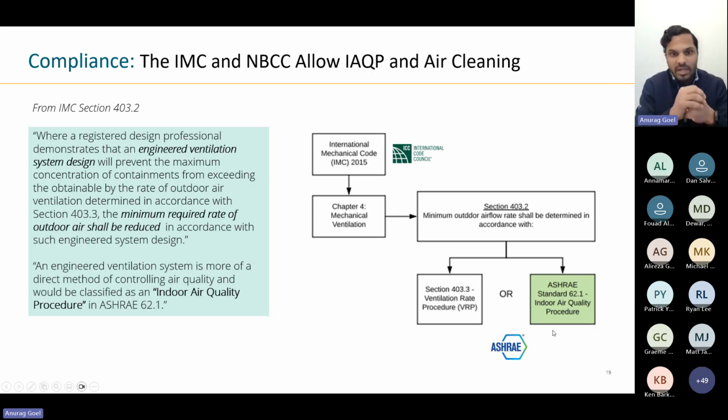Sometimes, when I present to consulting engineers, contractors, building owners, the question comes up, is the IAQP a code variant? No, it is not. It is simply an available pathway already in codes, and the IAQP has been applied in many projects already in the province of Ontario.